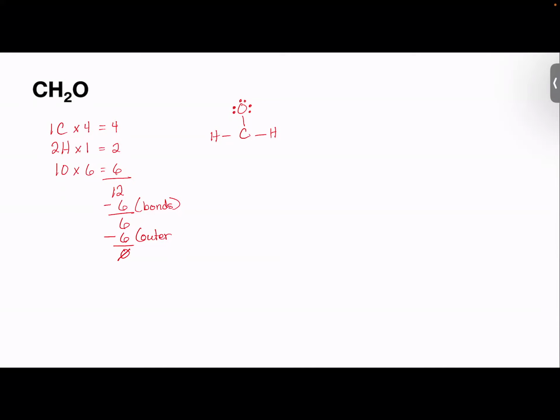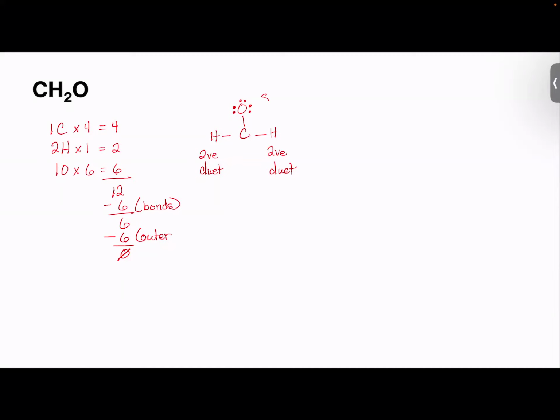So how do we know whether we need to manipulate what is present? We see, does everybody have an octet? Again, your hydrogens have 2 valence electrons. They have a duet. They are content. Your oxygen has 6 valence electrons within the lone pairs and 2 valence electrons within the single bond.